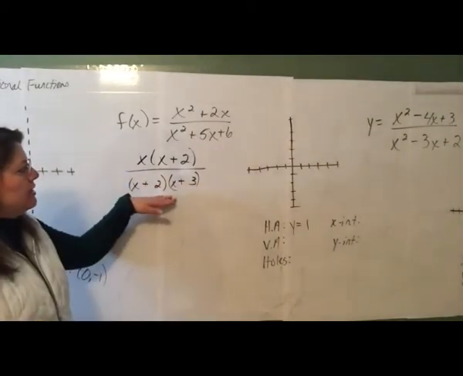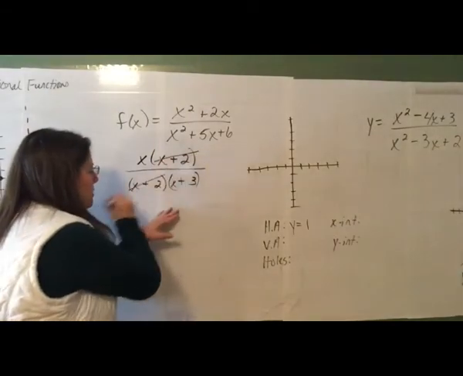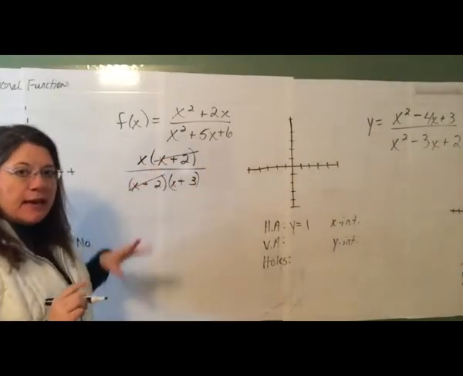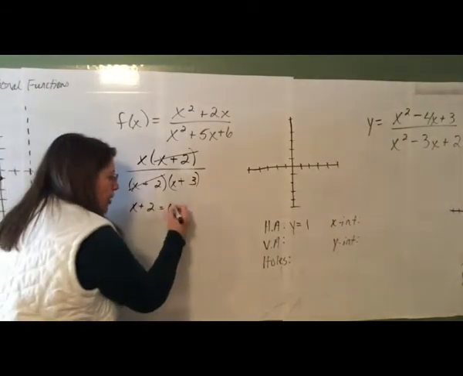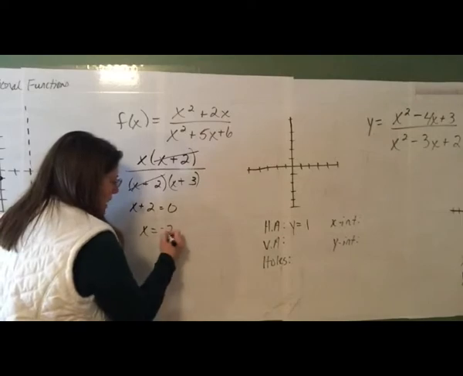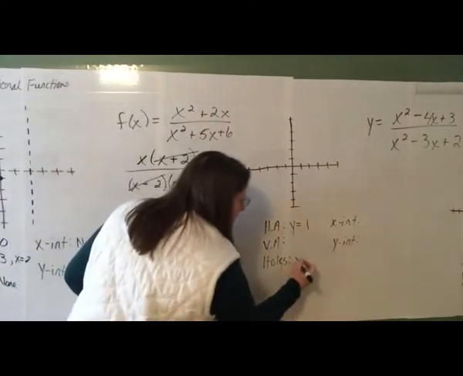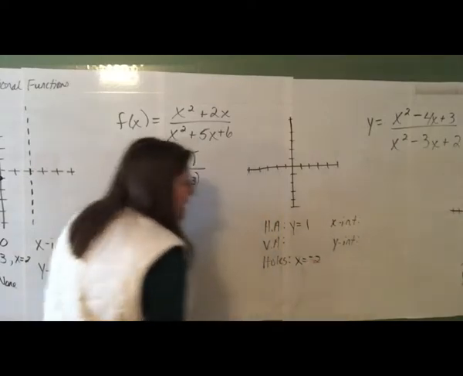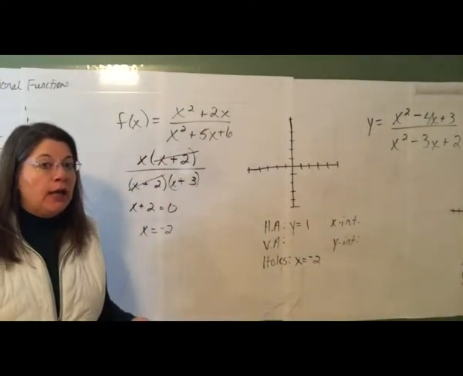And then if you look at this, you can see that x plus 2 does cancel out. If that cancels out, that means that's a hole. If we set the one that canceled out equal to 0, we have x equals -2. So that means we will have a hole in the graph at x equals -2. Now, it is possible to sometimes have more than one hole.